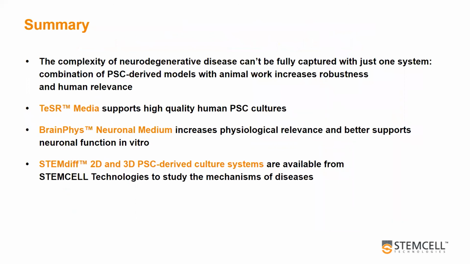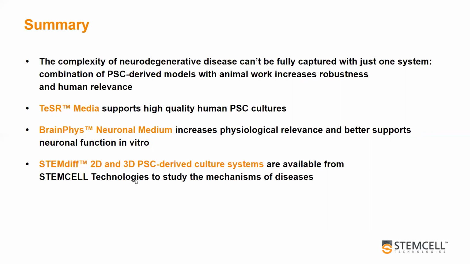To summarize today's presentation, we know that neurodegenerative diseases can't be fully captured with just one system. So a combination of hPSC-derived models with animal work can increase robustness and human relevance.